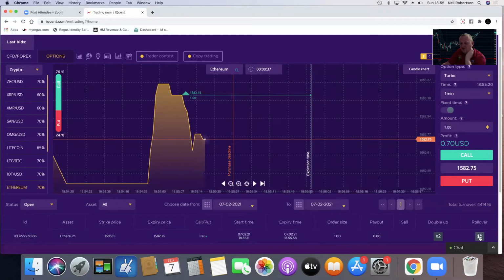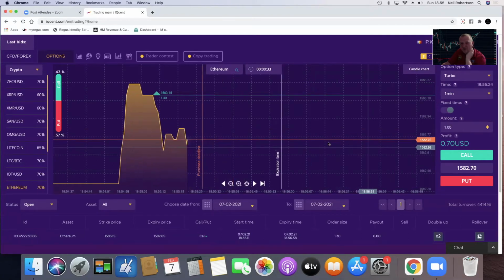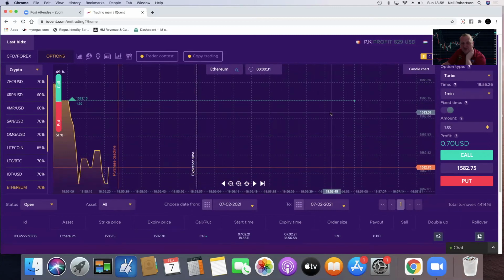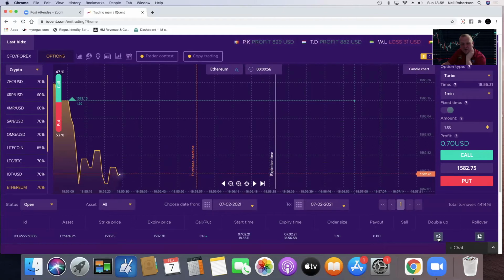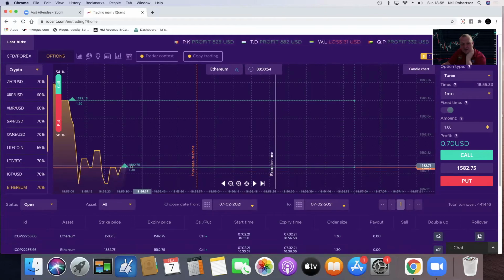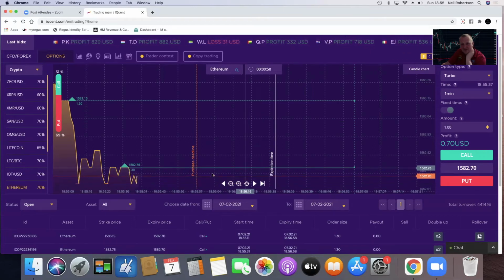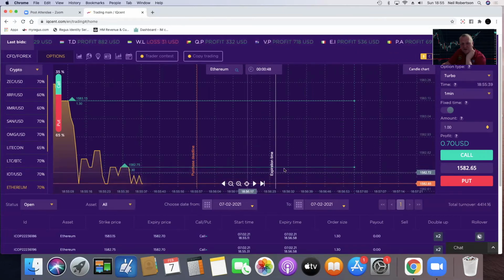So here we go, here's a rollover. If we press that rollover, that would then give us another minute on this trade. And then if we press the ×2, that will enter us again into this trade, but it's entered as plus 30%.